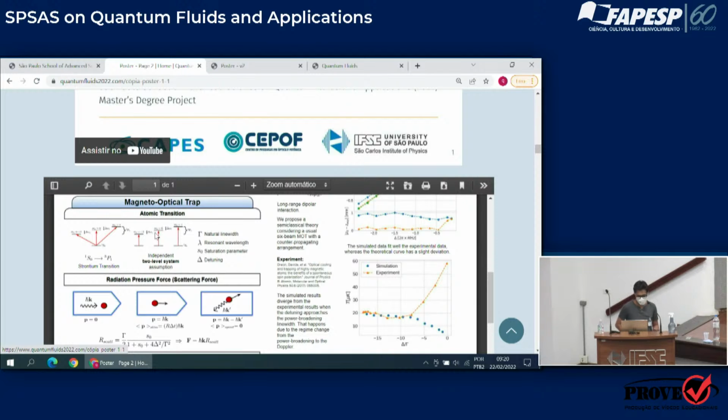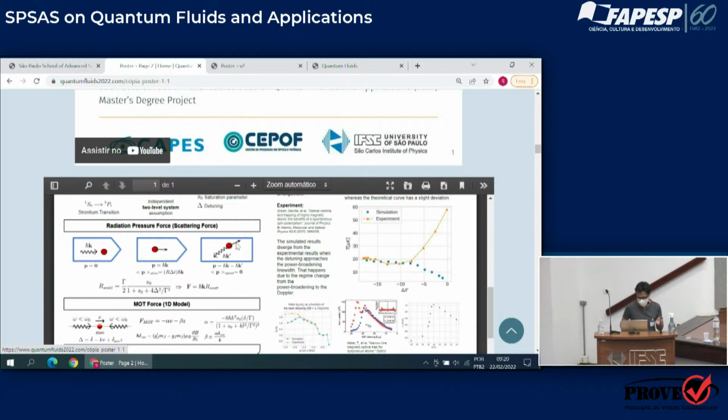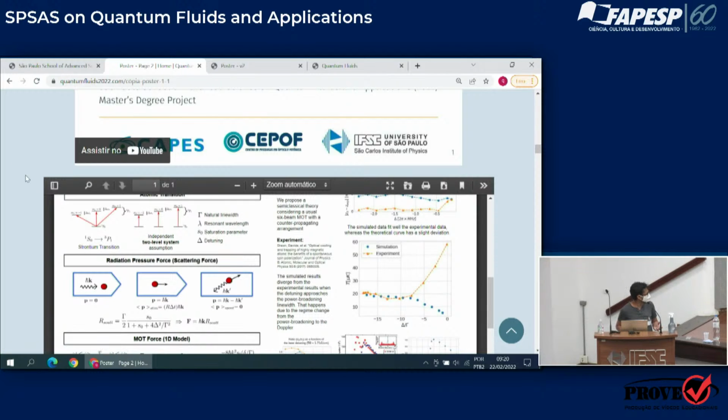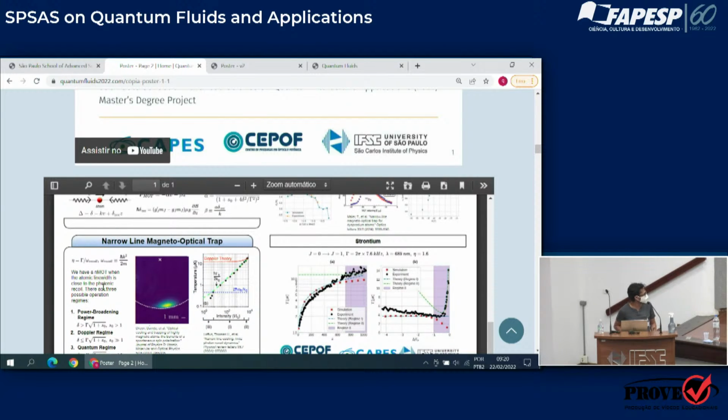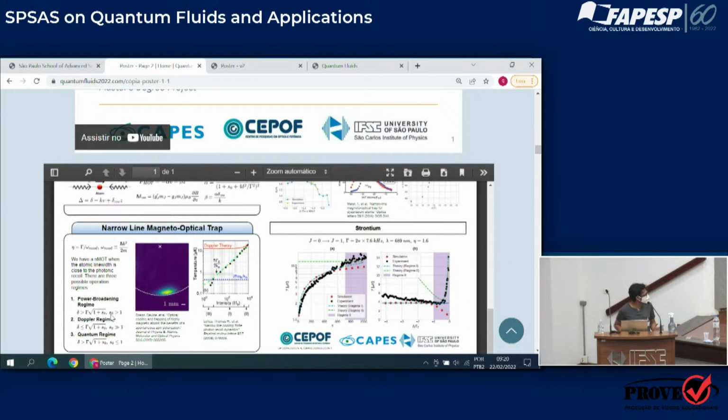That's the reason the simulation doesn't work in the usual regime, because the cloud is in the center, and there the coherence effect of these optical transitions for the level system is considerable. So the simulation only works in the other two regimes of narrow-line magneto-optical traps, the power broadening regime and the quantum regime, where the cloud is in a lower position compared to the center, right?